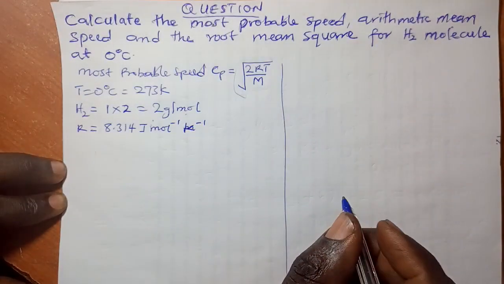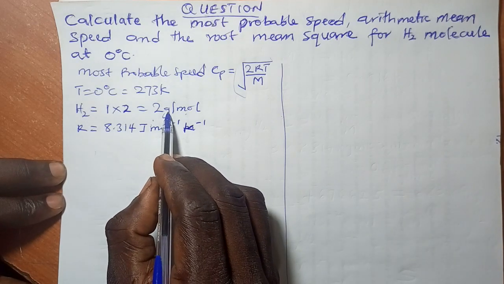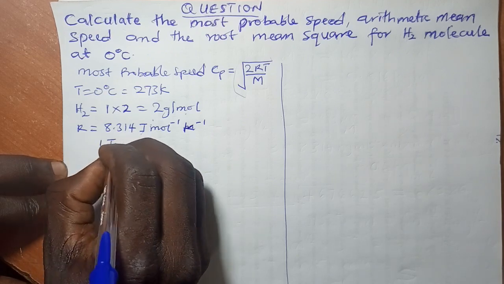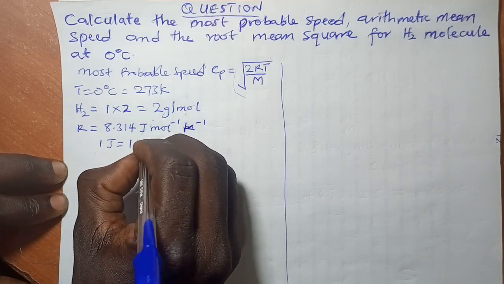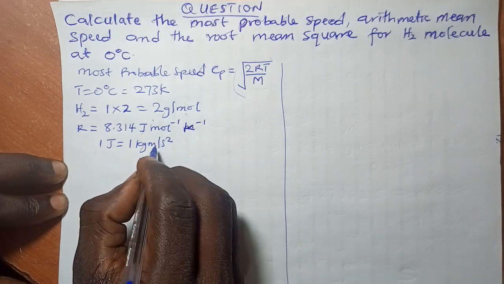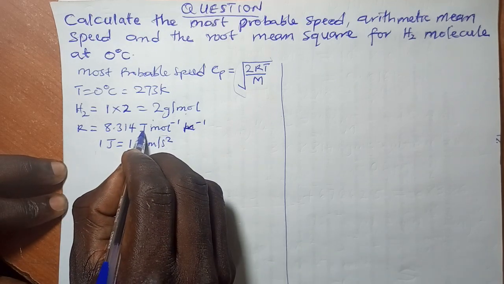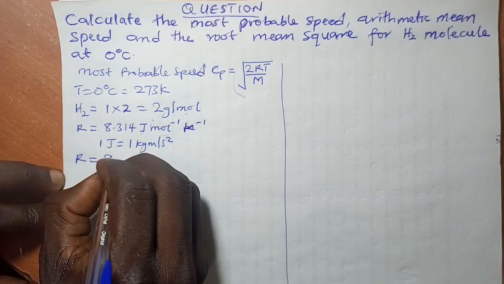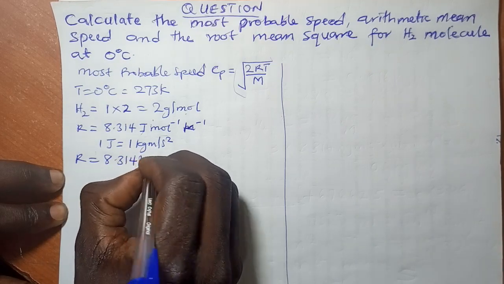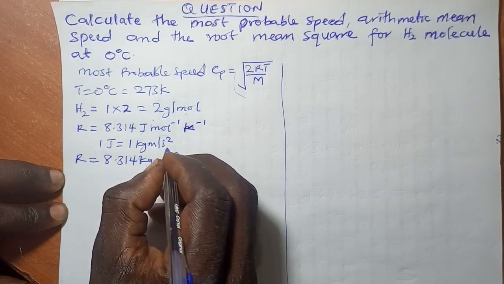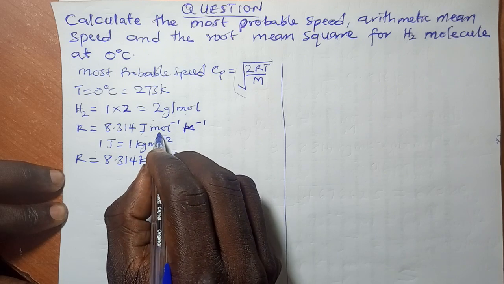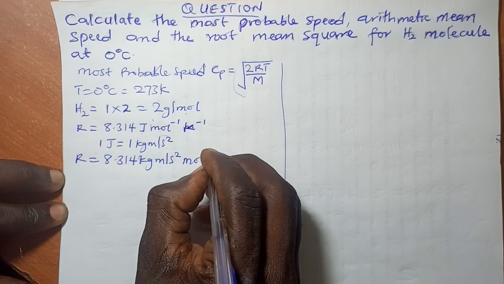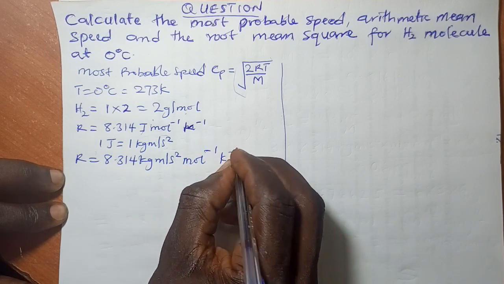Okay, per Kelvin. But if you look at it, this is gram, this is joule, and you know that 1 joule is equal to 1 kilogram meter squared per second squared. That means I can put this kilogram meter per second squared here, just for a learner to understand, so that I can say R is equal to 8.314 kilogram meter squared per second squared, then mole per mole, then per Kelvin.